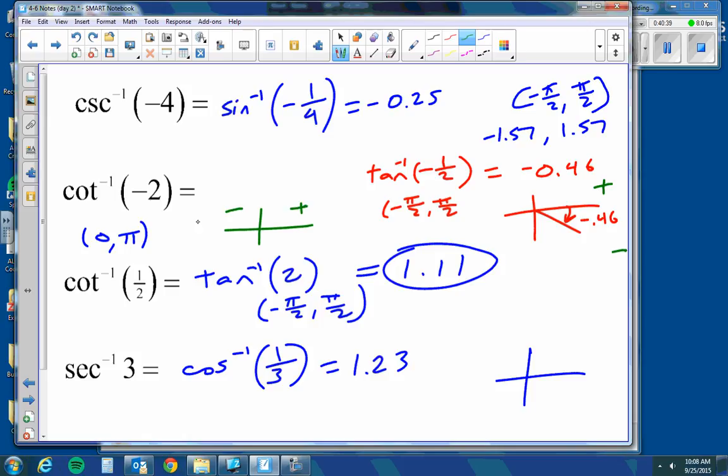So this had to be a second quadrant angle, and it had to be a second quadrant angle with the same reference. So put a 0.46 here, the reference angle. So how do you figure this angle now? The reference angle is 0.46. Yeah, subtract from pi. So type that in, use the pi key. Pi minus 0.46.